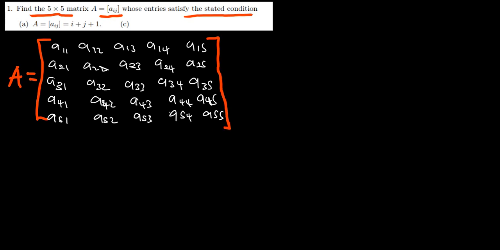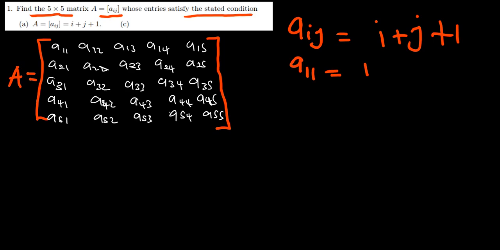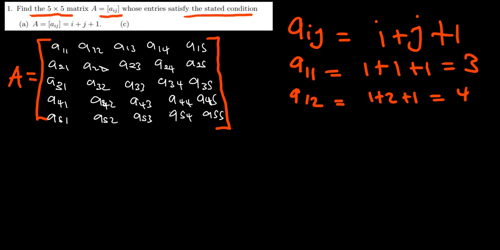So they want us to construct this matrix using the formula that Aij equals i plus j plus 1. If we are finding A11, for example, where there's i it is 1, plus where there's j it is 1, plus 1. So the first entry in that matrix will be 3. For the second entry, A12 equals 1 plus 2 plus 1, which is 4.